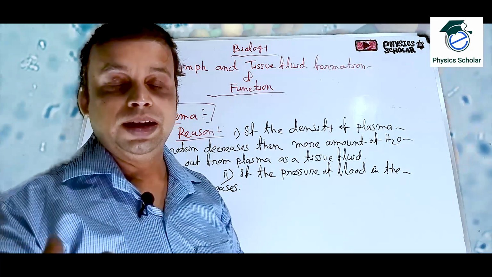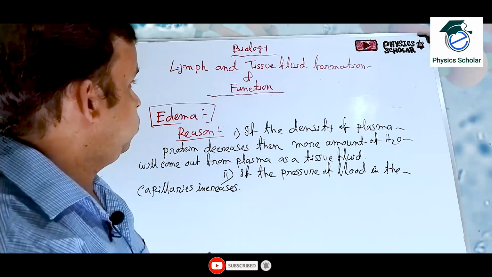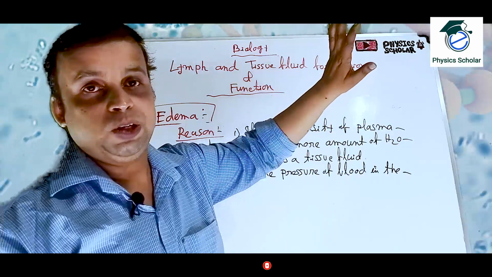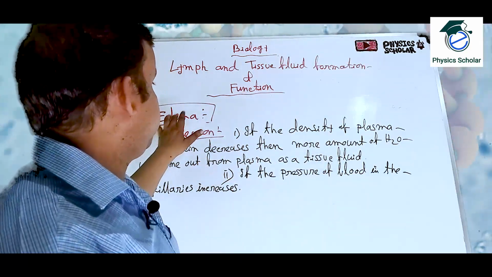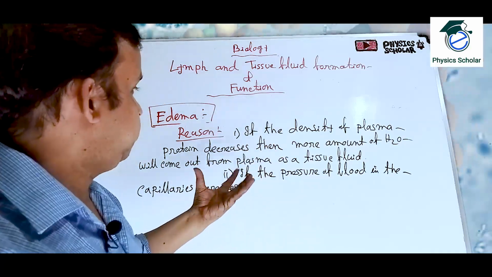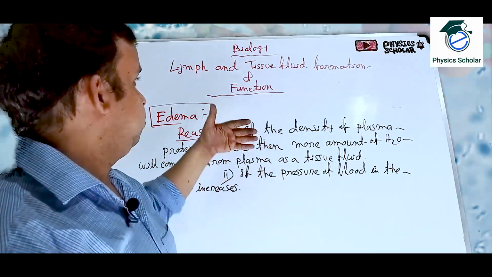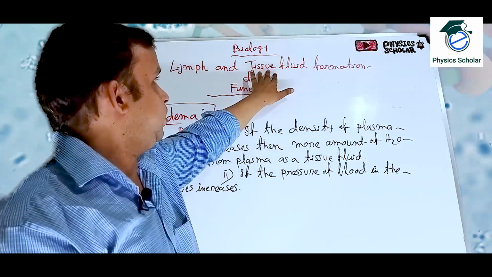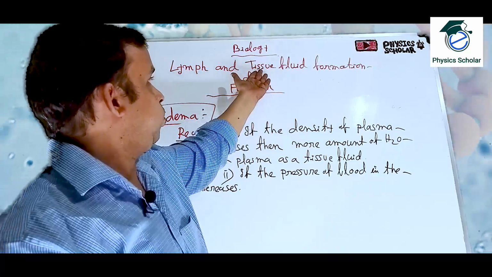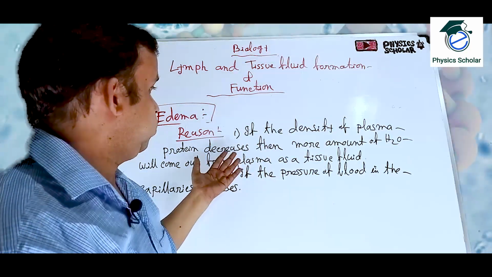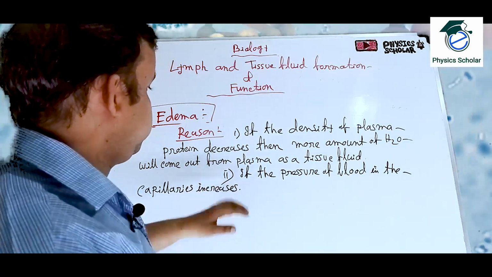So in the osmosis process, more water will come out from the blood, clear? As a result, the amount of tissue fluid will increase, so it can also create edema, clear? Extra water comes out from the blood due to the pressure difference, the volume of tissue fluid will increase, and edema can be seen, okay. So this is the second reason.